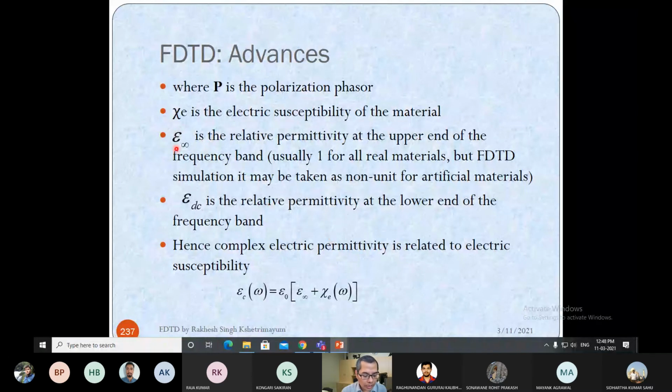This is the relative permittivity at the upper end. Hence, complex electric permittivity is related to the susceptibility like this: epsilon c, the complex value of the electric permittivity, is equal to epsilon 0 epsilon infinity plus epsilon 0 chi.